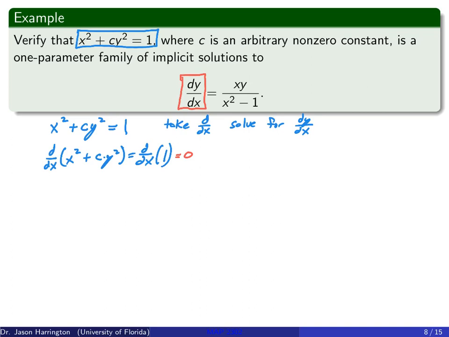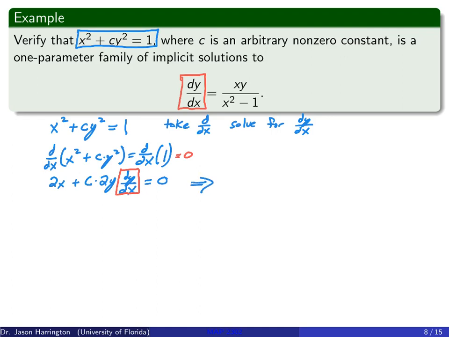On the left-hand side, I'm left with the derivative of x squared with respect to x is 2x, and the derivative of y squared is just going to be c times 2y times the derivative of the inside, which is dy over dx. And that's equal to 0. And this is what I want to solve for, the dy over dx. So let's see what happens.